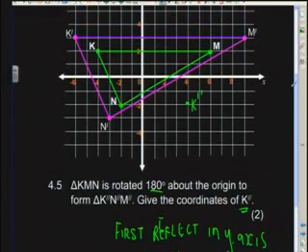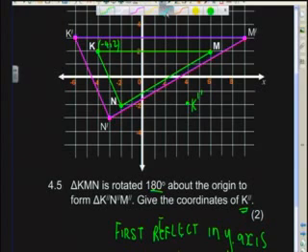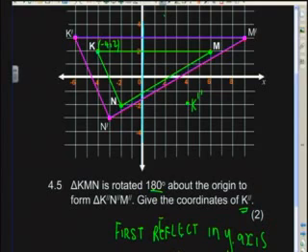So we've got this point K, which is -4, 2. We're going to reflect that in the y-axis. Here's your y-axis.